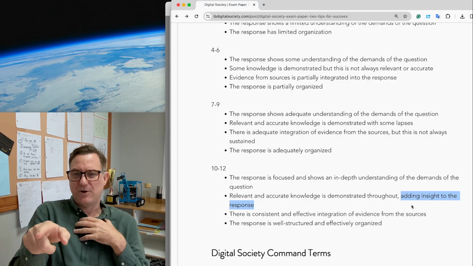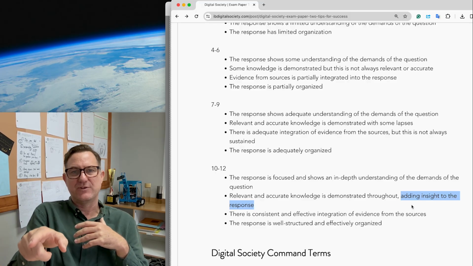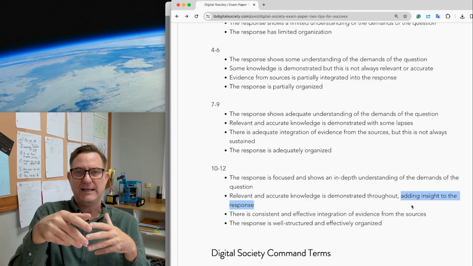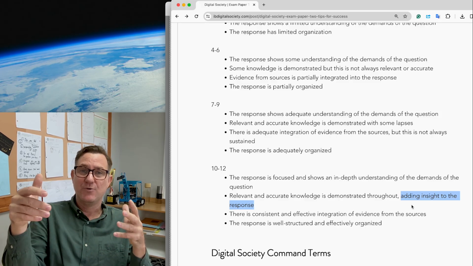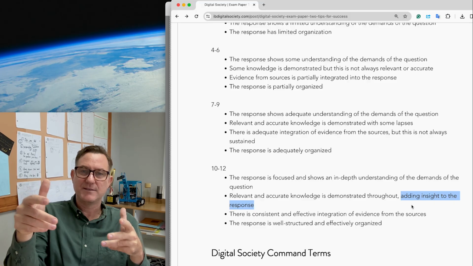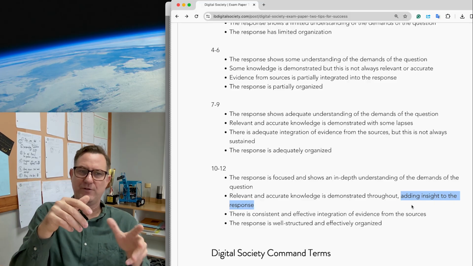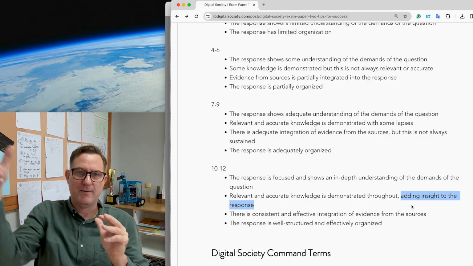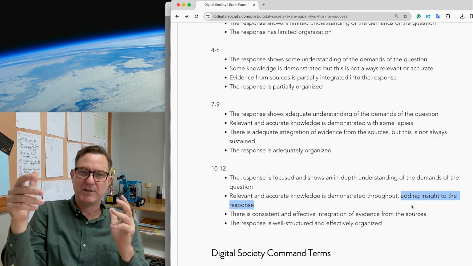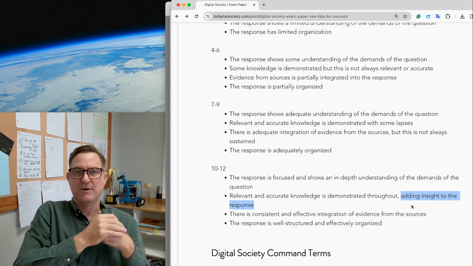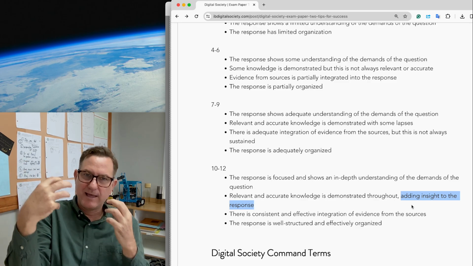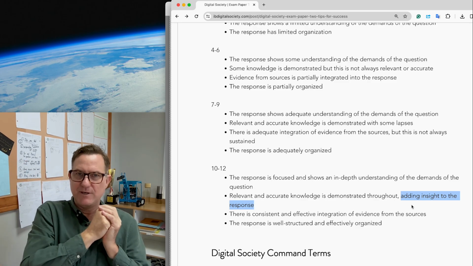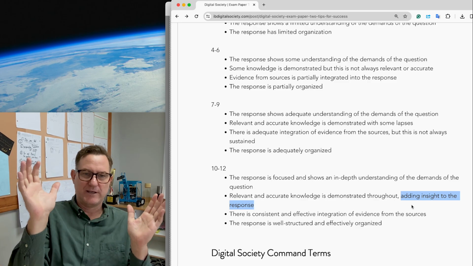How I interpret this, sometimes when I'm looking at exam papers, students have some information and I think, wow, that's really interesting. Sometimes I think, I've never heard of this, and then I actually go and look it up. This is something that adds insight to a response. So if you can have some quality information that you found that the examiner thinks, oh, that's very interesting, you're on track for top marks.